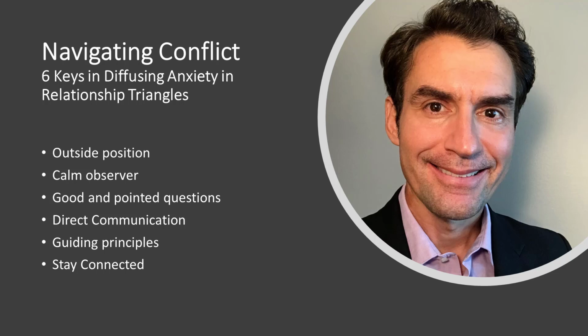Effective leaders direct each party to communicate directly with the other while facilitating the exchange to make sure progress is being made. Also, they stay connected with both parties by having frequent but brief contact with both parties and express their guiding principles, which establishes who they will and will not be in the triangle.